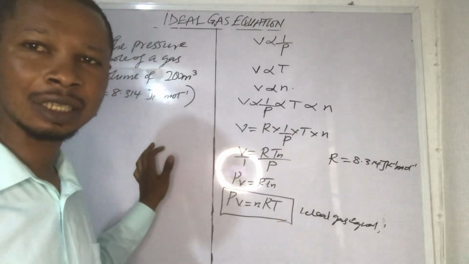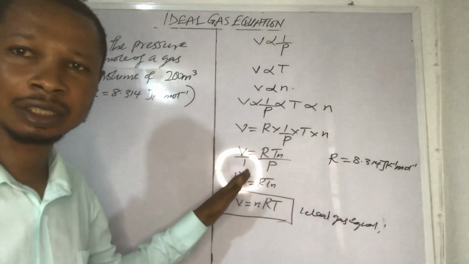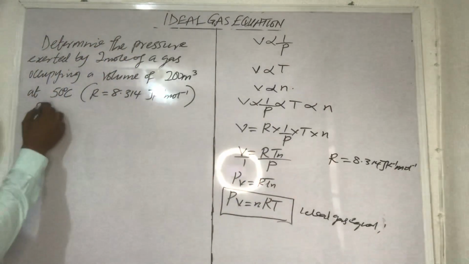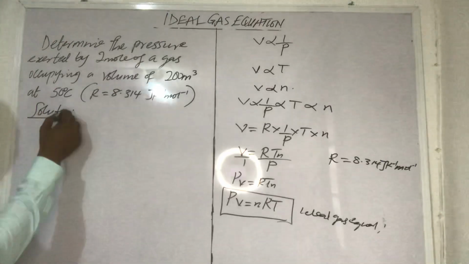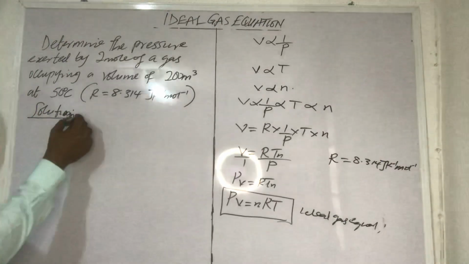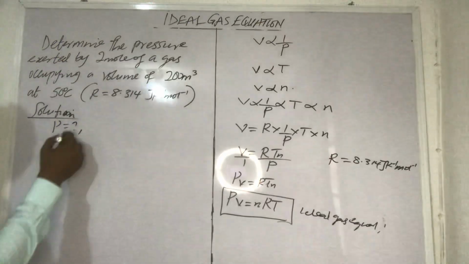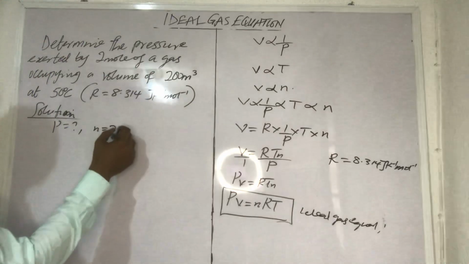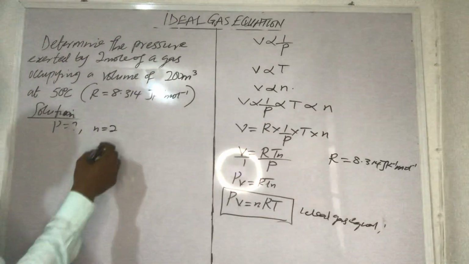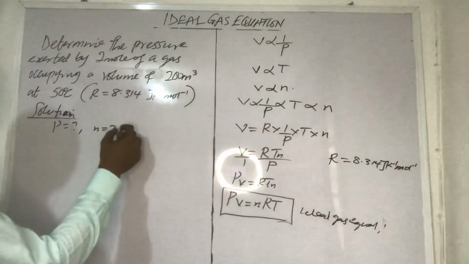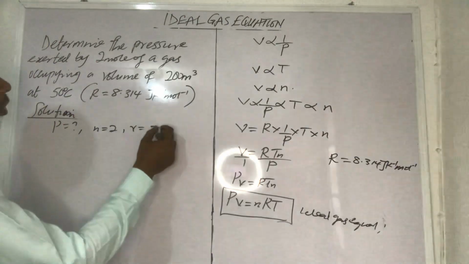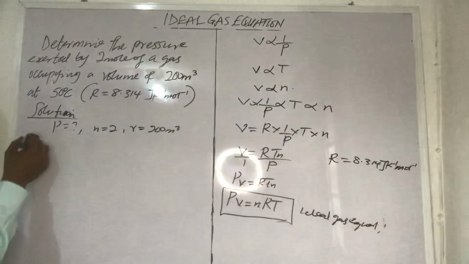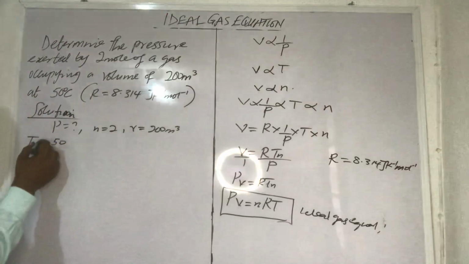So let's look at this example using this ideal gas equation. Determine the pressure exerted by 2 moles of a gas occupying a volume V of 200 meter cube at a temperature T of 50 degrees Celsius.